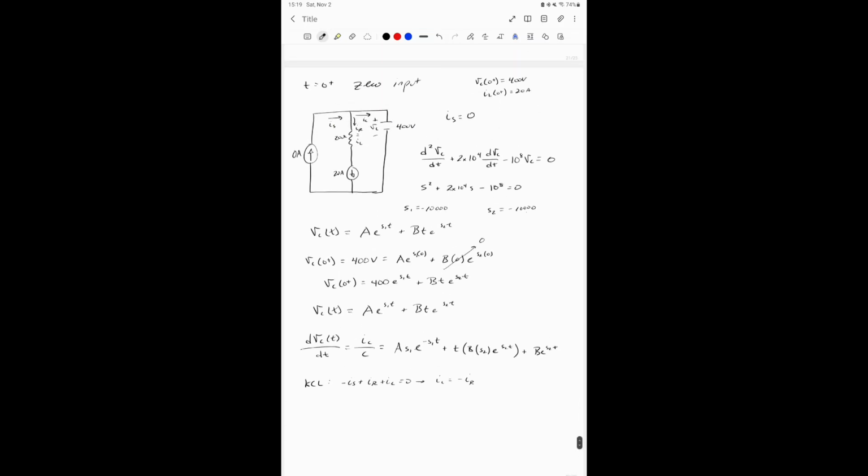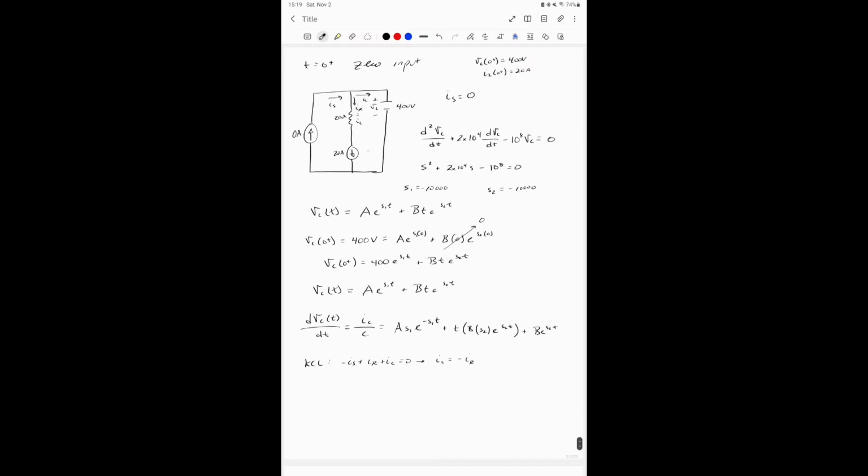Okay? Which would actually make sense, because if we follow this loop, we have 20 amps being created. So if we follow this loop going this way, then that means that our IC, which is pointing in this direction, is actually going to be negative 20.